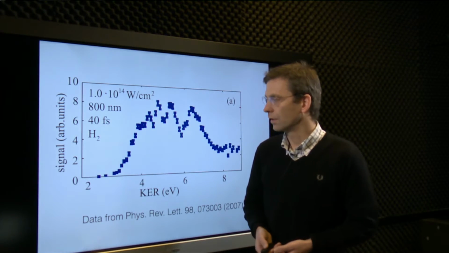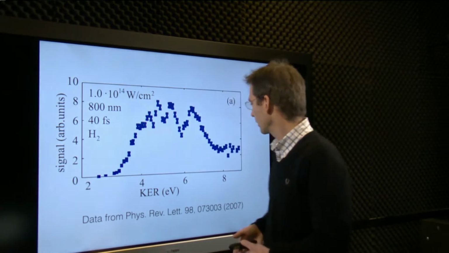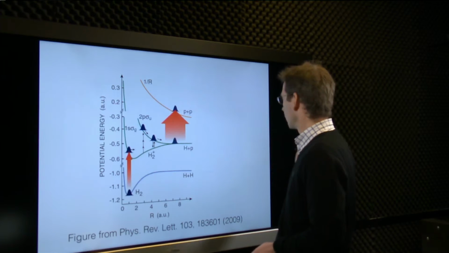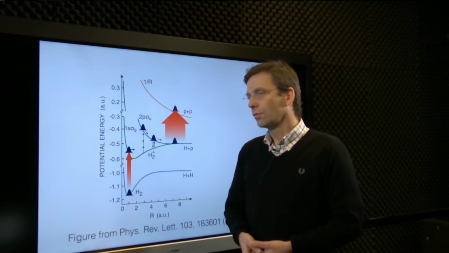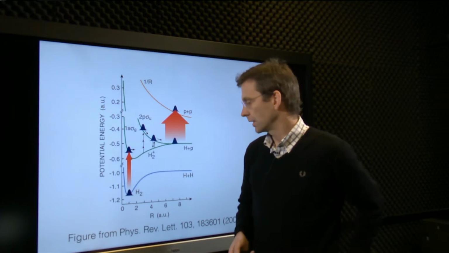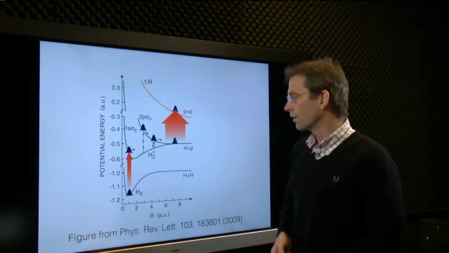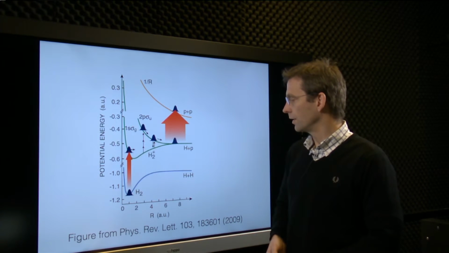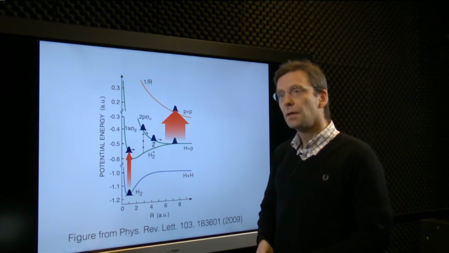And this we now do for a range of relevant internuclear distances. A sketch of the most important curves when H2 is exposed to near-infrared 800 nanometer light of femtosecond duration looks like this, where I sketched curves in the neutral, in the cation, and in the dication.